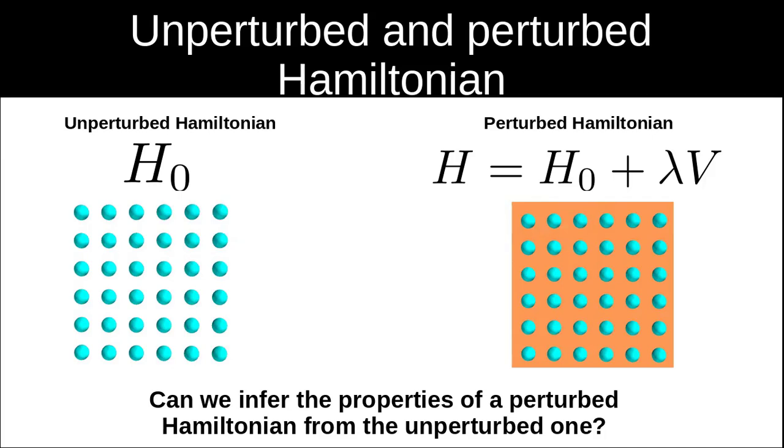When we make the perturbation, for example adding a small magnetic impurity or a local magnetic moment on one site, our Hamiltonian gets modified. This modification is parameterized as lambda V, where V is the perturbation and lambda is a control parameter that says how strong or weak the perturbation is.